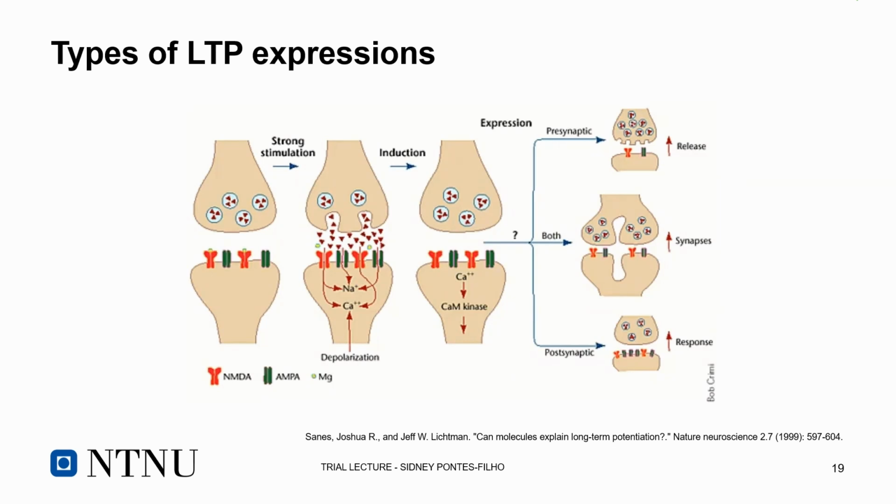And the third one, the induction: the quantity of calcium ions triggers CaMKII kinase that pushes some changes in that synapse. And it can be expressed in three ways. In the presynaptic neuron, increasing the amount of neurotransmitters to be released. It can happen in both, like creating new synapses, or in the postsynaptic neuron, adding more AMPA receptors and increasing their response.